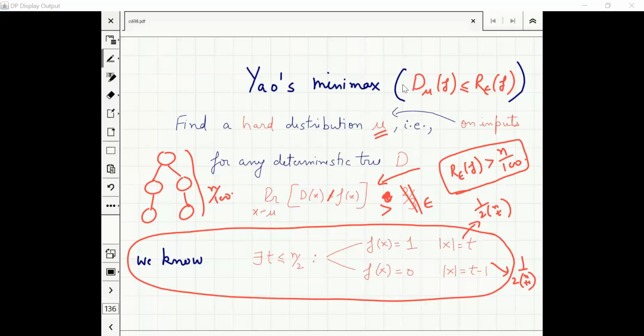Remember that the failure probability is according to this distribution mu. Then I have shown that R epsilon f is greater than n by 100. That means R2 by 3 f is also omega n, R1 by 3 f is also omega n, R1 by 4 f is also omega n, and so on. Right?